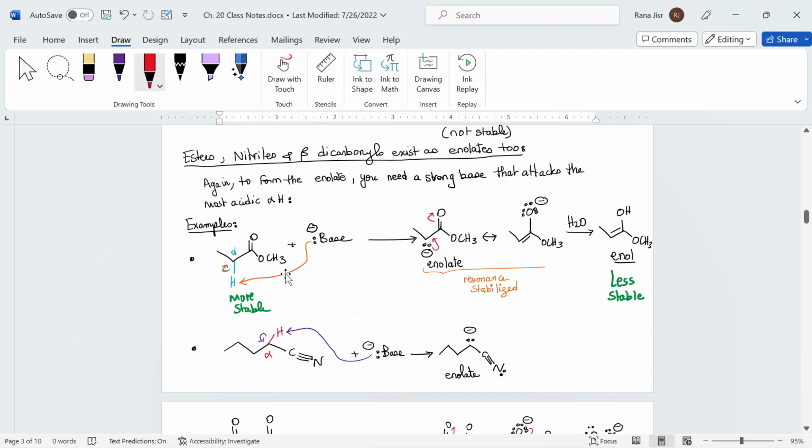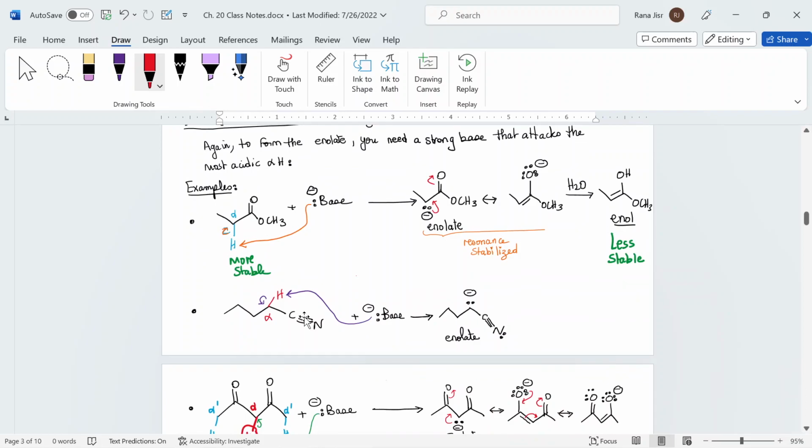The enol form here is going to be less stable than that of the ester. If you have a nitrile, it's exactly the same thing. I'm considering this hydrogen over here to be an acidic hydrogen, so the base is going to come take that acidic hydrogen and make the enolate as well.